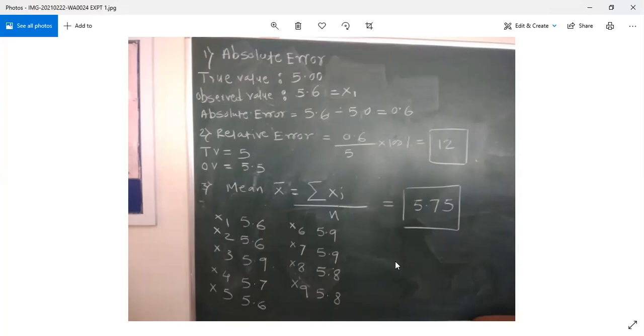Now we have to find the mean of these. X bar is the mean of all 9 readings.